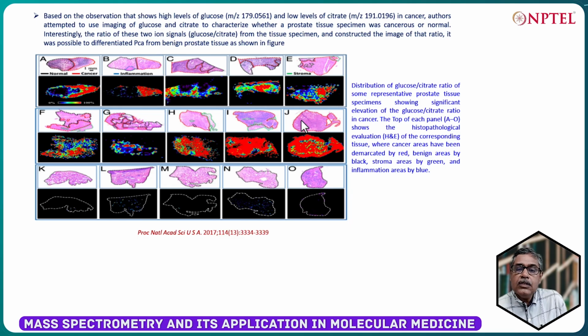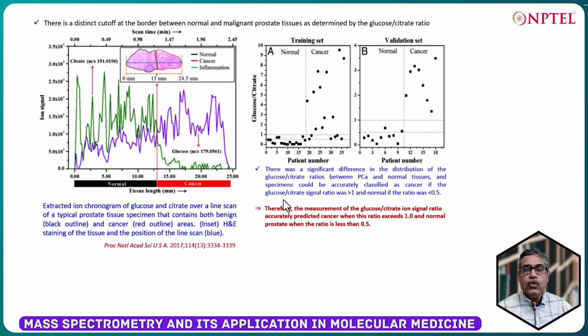You see in all the tissues, wherever the cancer cells are more concentrated according to the histopathological image, which is obviously the gold standard, the ratio of glucose over citrate is high. And wherever there are normal cells, this ratio is no longer high, it is less. So, this is very important information, and this is the conclusion they drew from this observation.